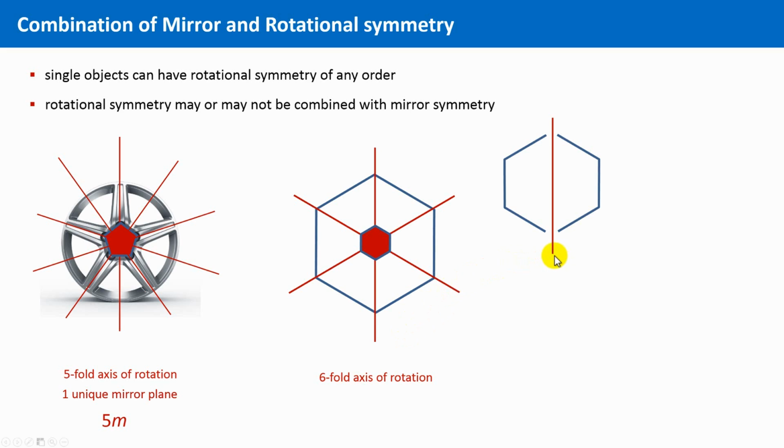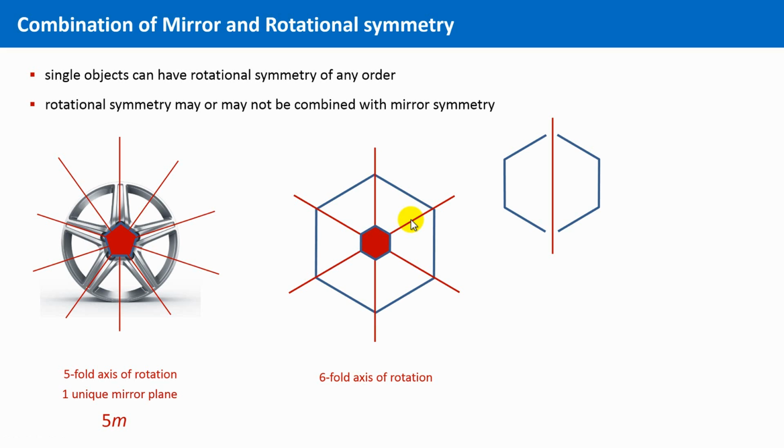Or in other words, you can generate the other mirror lines by application of the 6-fold symmetry. If you rotate this mirror line by 60 degrees, you will generate this mirror line, and so on and so on. So this means unique are symmetry elements which are not generated by any other symmetry element.